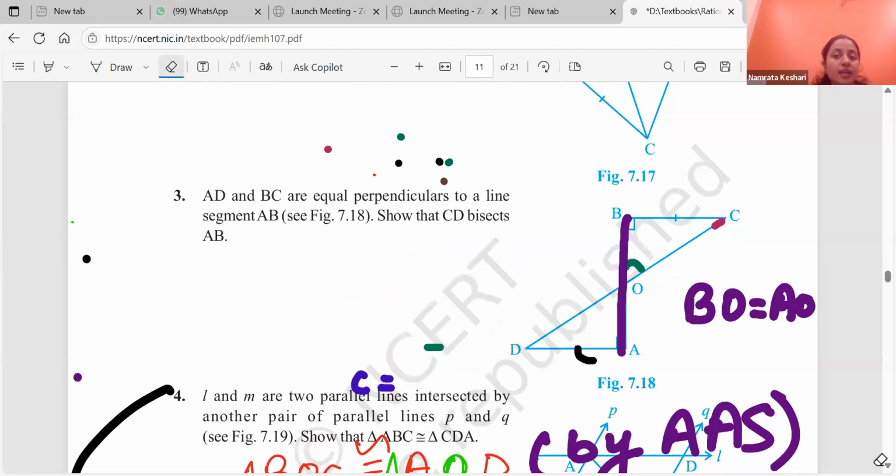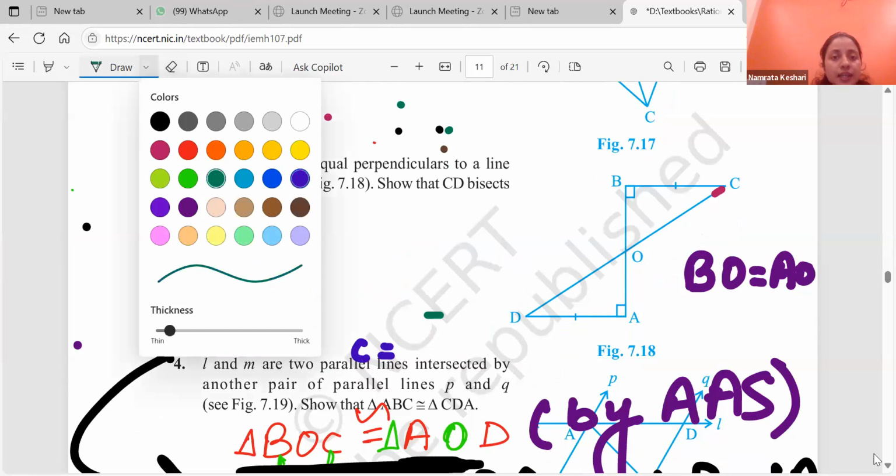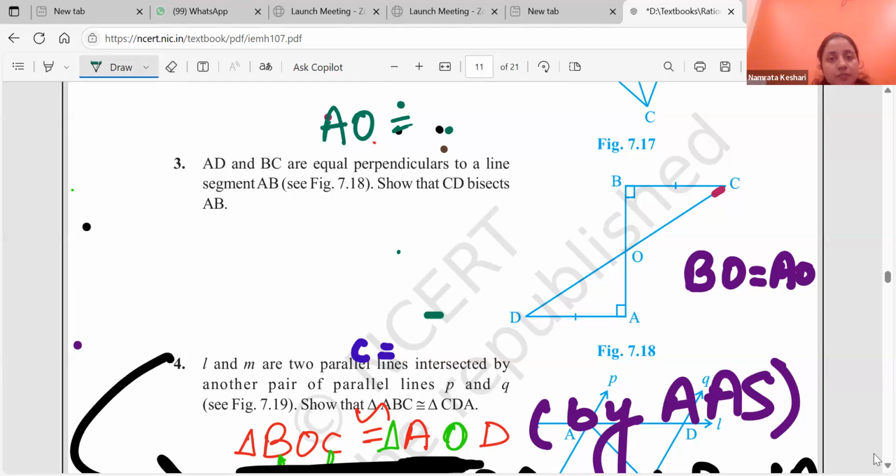There is a line AD, there is a line BC, of equal length, perpendicular to AB. Show that CD bisect AB. So that CD is cutting our AB into equal part. That means we wanted to show that AO and BO are same. Then we were thinking what to do so that we can say that these two are exactly same.